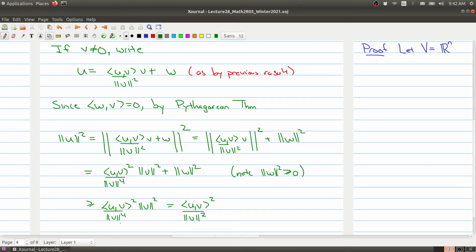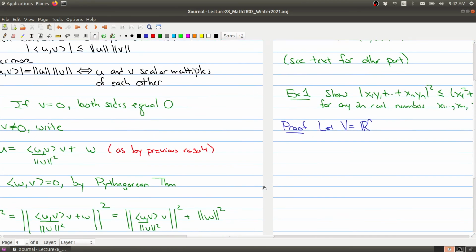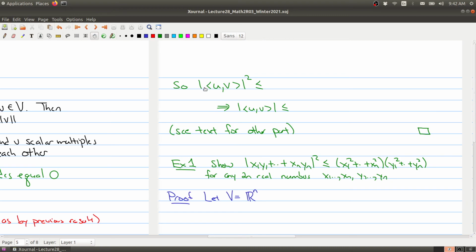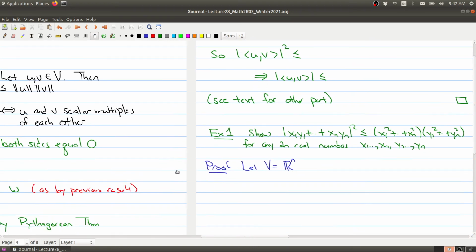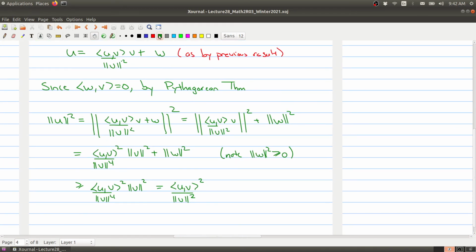We cancel off some copies of the norm of v. So look at the first term and the last term. We can solve for this. Oh, somewhere along the line I lost my absolute value signs. So let me put my absolute value signs in there. There should be absolute value signs here and here and here.